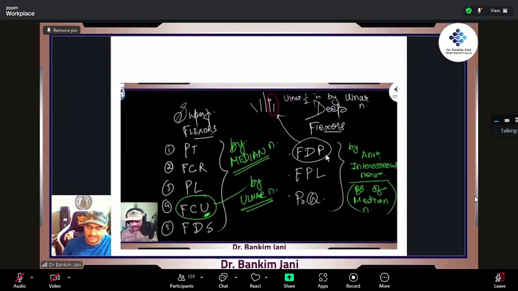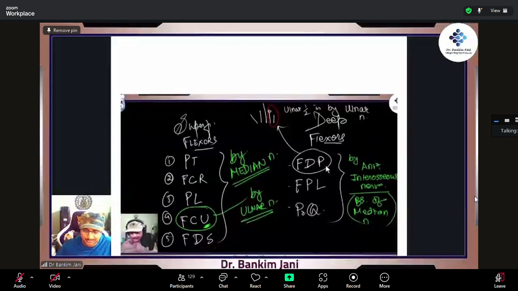Okay, this is for the nerve supply. Pronator teres, flexor carpi radialis, palmaris longus, flexor digitorum superficialis, they all are supplied by the median nerve, right? Flexor carpi ulnaris is a little different, it takes supply from the ulnar nerve.